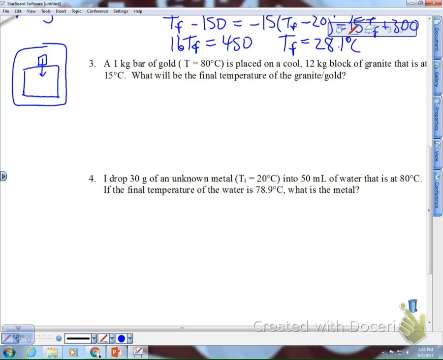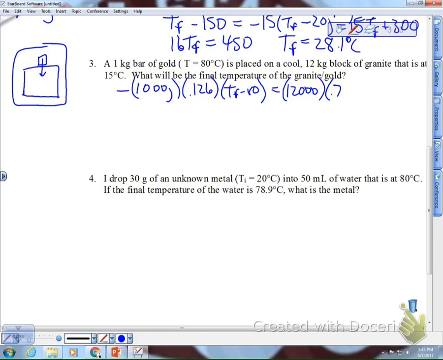It must be conserved. So in this case, we have the gold, 1 kilogram, so 1,000 grams, and 0.126 is the specific heat, and this gold is currently at 80 degrees. Okay, and we have a 12,000 gram block of granite.